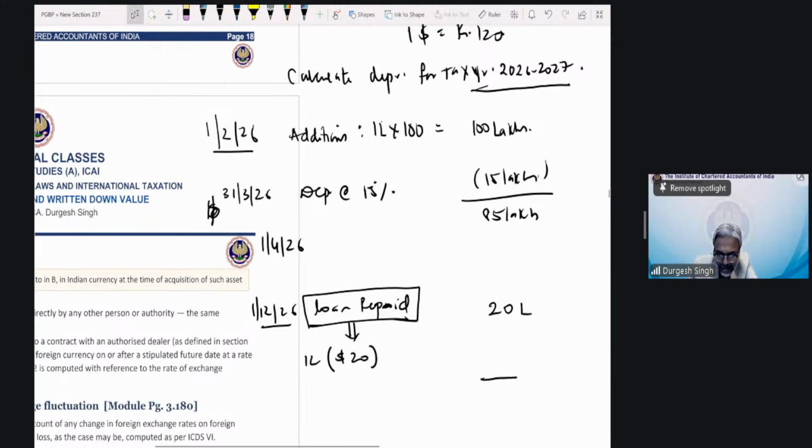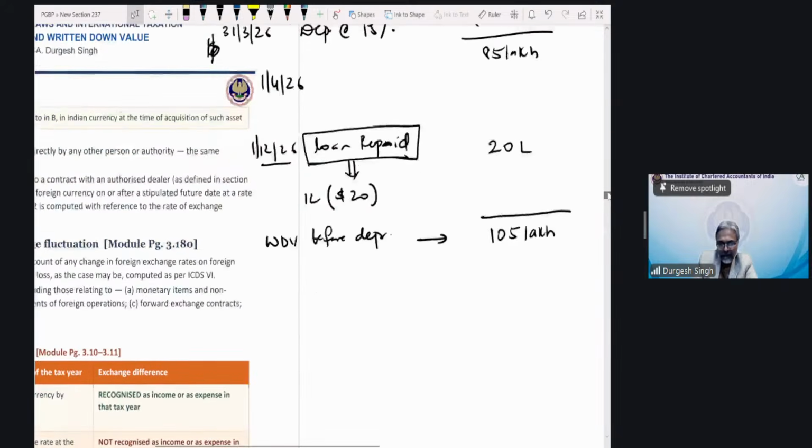And after capitalizing it, how much is the value, students? 105 lakhs. This is the WDV before depreciation in this context. And after that, friends, we will now give the depreciation for the tax year 26-27.